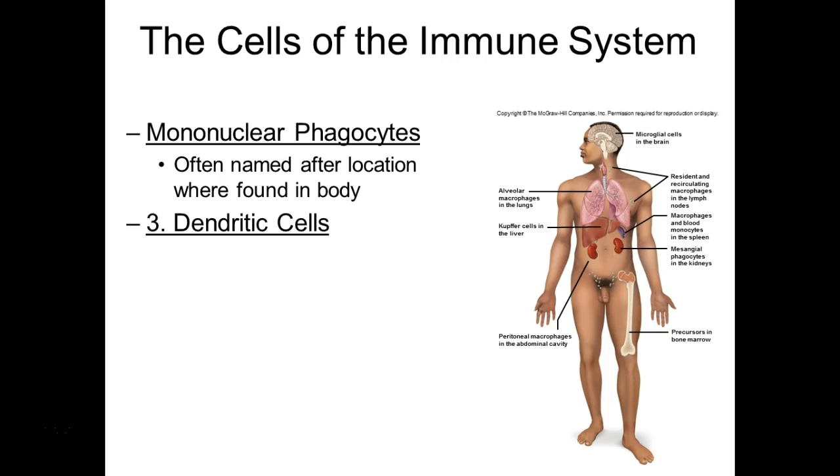So thankfully, when we got to naming others, we just pretty much started naming them after where they reside. So alveolar macrophages, just to denote that they're ones that live in our lungs. They're not any different from a macrophage in our liver. Just a different home. That's it.